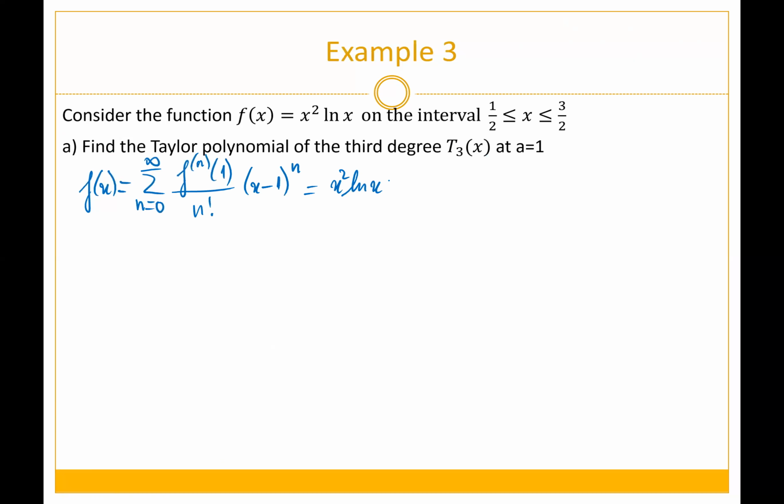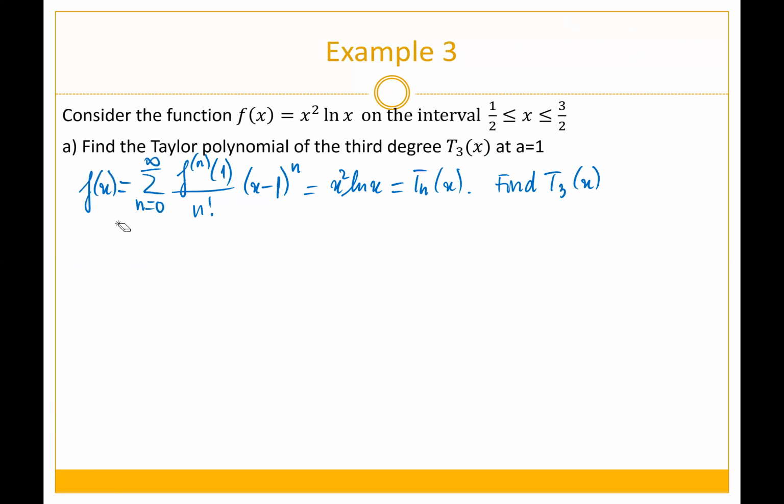So now we need to find T3(x). First of all, I would say you need f of x here, so you have f prime of x. With n starting from 0, you need f(x) as well.